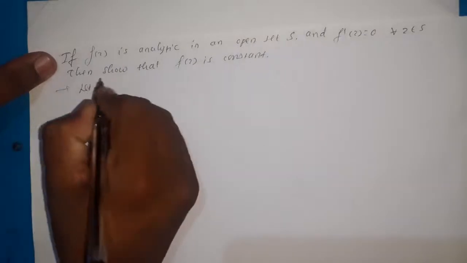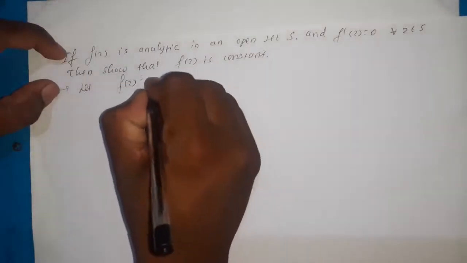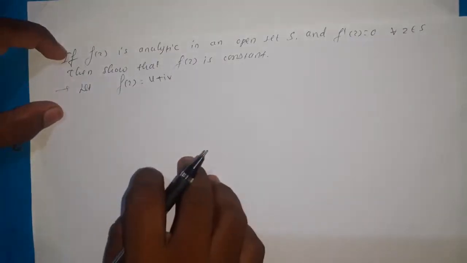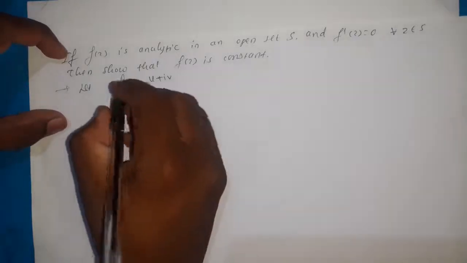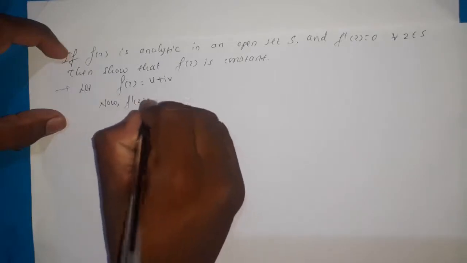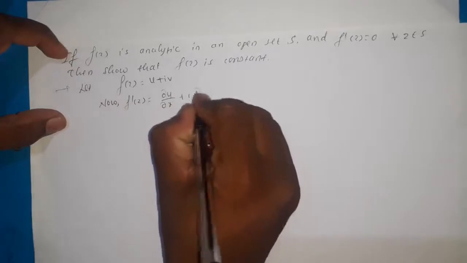Let f of z is equal to u plus iv, where u is the real part of the function and v is the imaginary part of the function. And we know that f dash of z is dou u by dou x plus i into dou v by dou x.